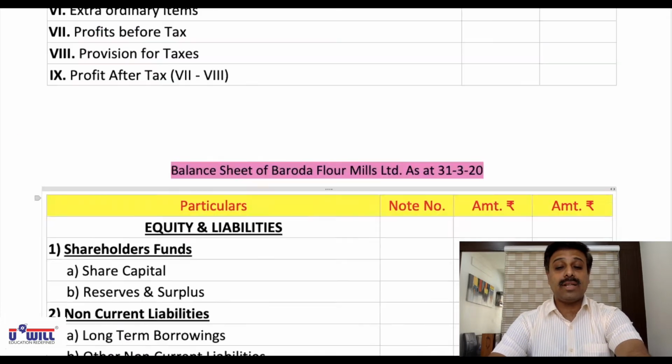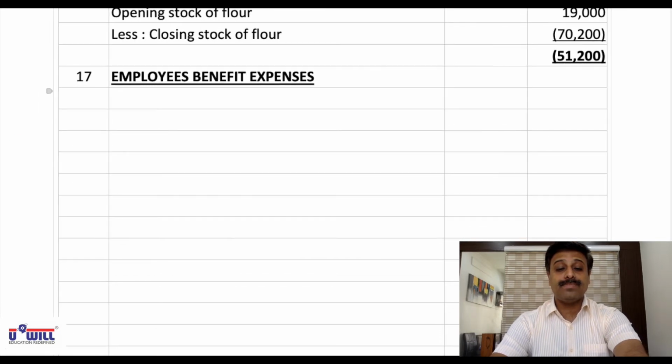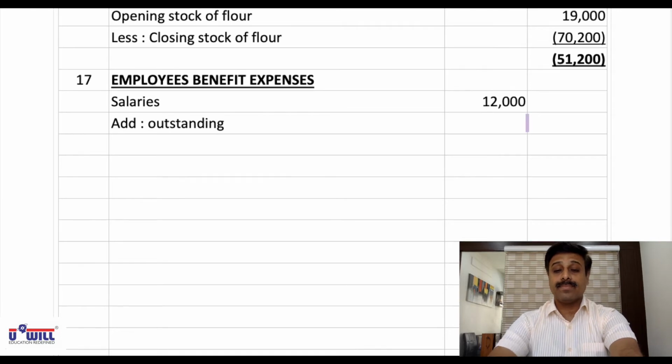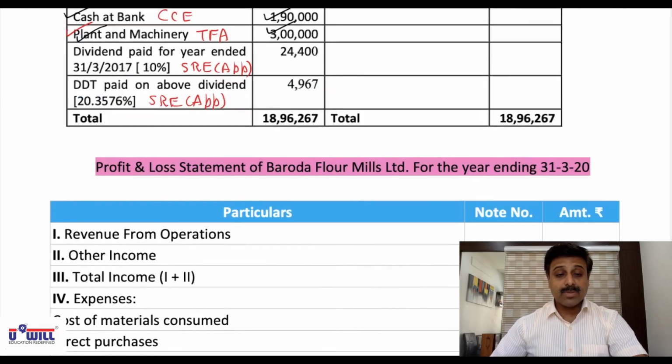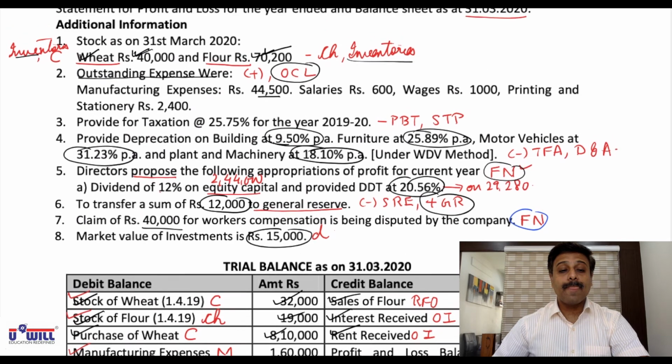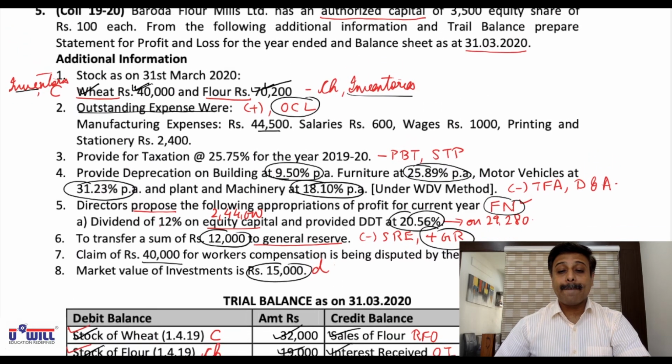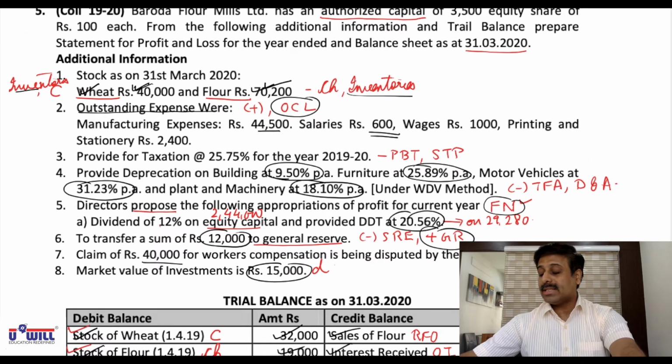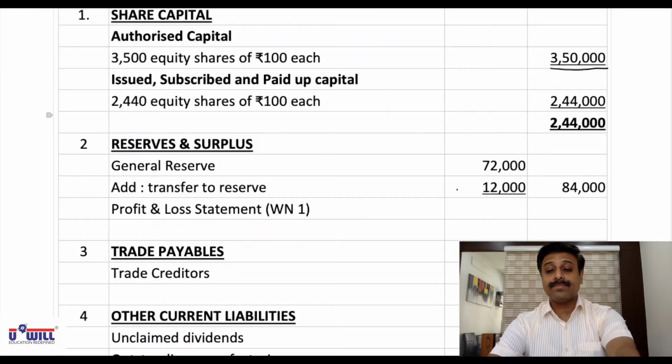Salaries 12,000 in inner column. Plus outstanding; the adjustment is outstanding. How much is outstanding as per adjustment 2 in salary?